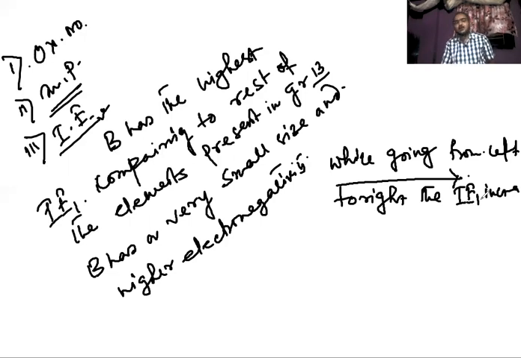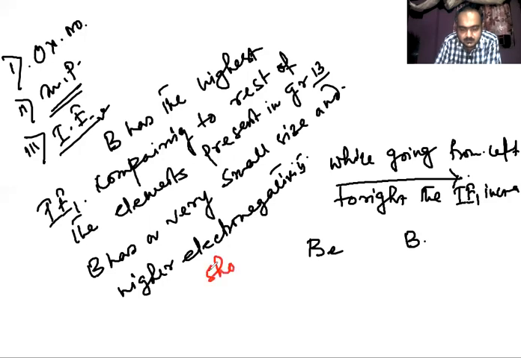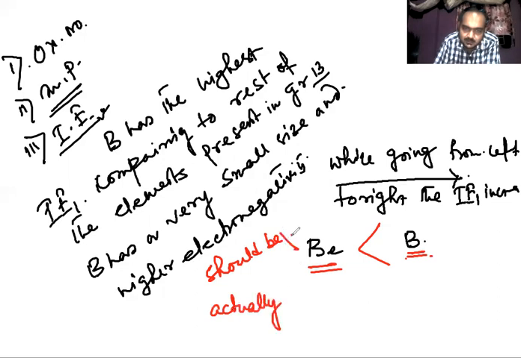But while going from beryllium to boron, the ionization energy of boron should be higher than beryllium. But actually, this is wrong. Actually, beryllium has a higher ionization energy than boron.